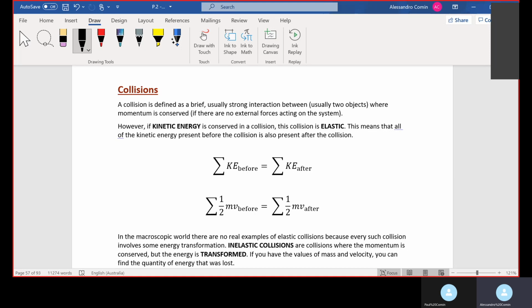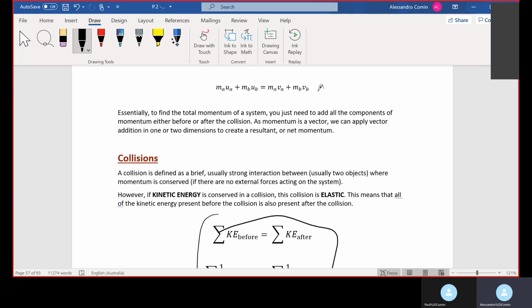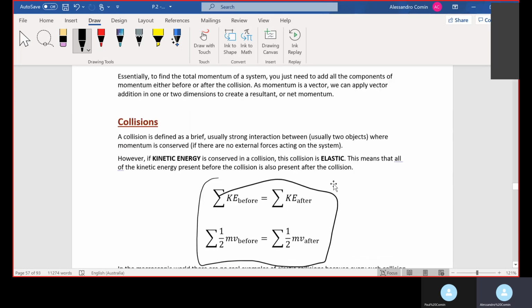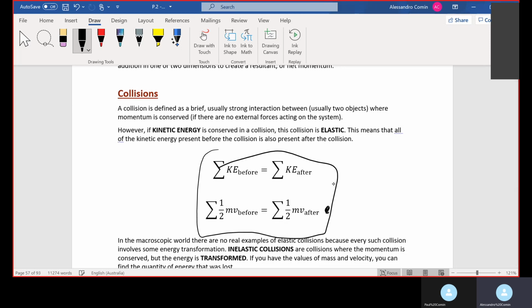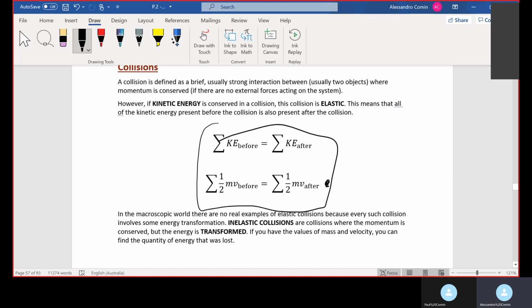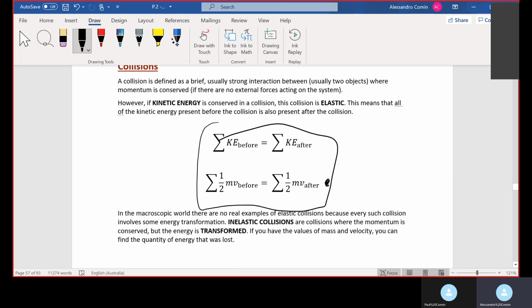There are two types of collisions: elastic collisions and inelastic collisions. An elastic collision is, as we can see, if kinetic energy is conserved in the collision and this property holds. And as you can see, you can very easily derive a formula similar to the formula above using this series here. And then obviously an inelastic collision is going to be when these aren't equal, so energy is lost.